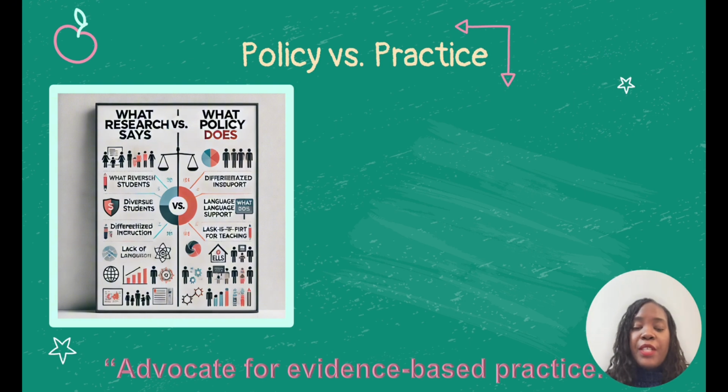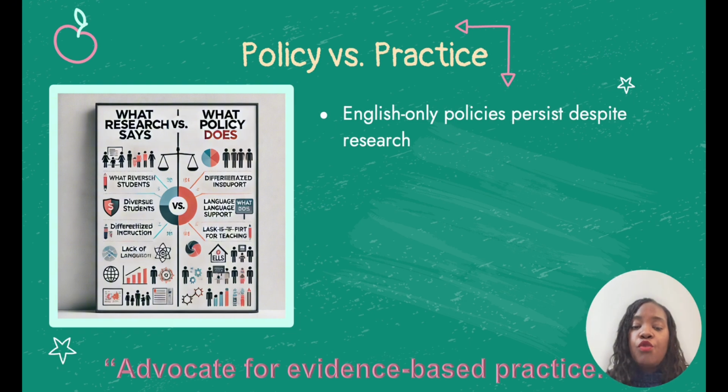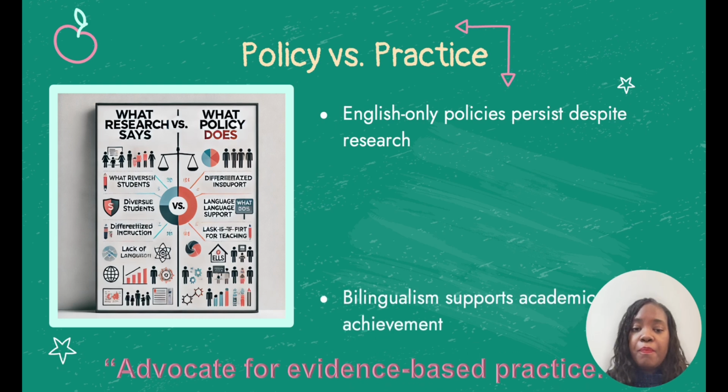Unfortunately, despite what the research tells us, many school policies still push for English-only instruction. This directly contradicts decades of evidence showing that bilingualism and home language support are associated with stronger academic performance, improved engagement, and long-term cognitive benefits.